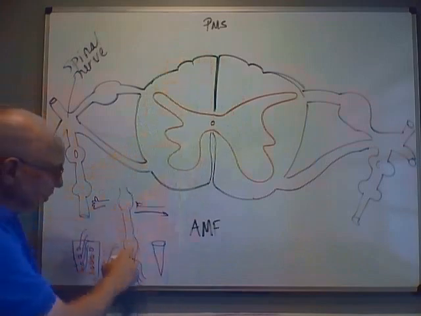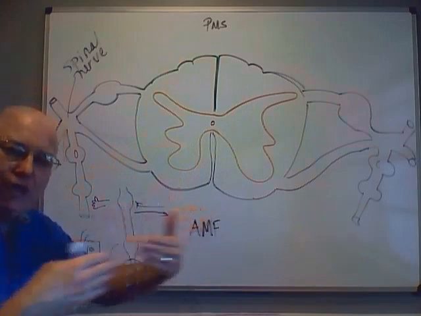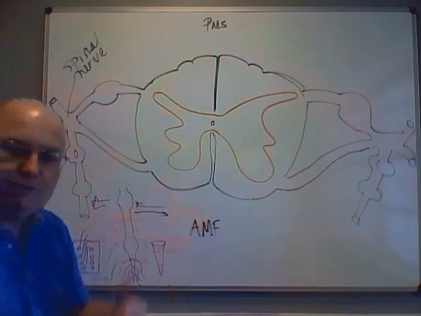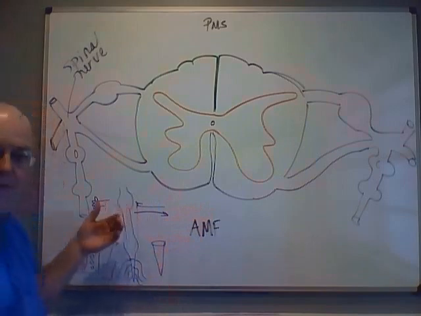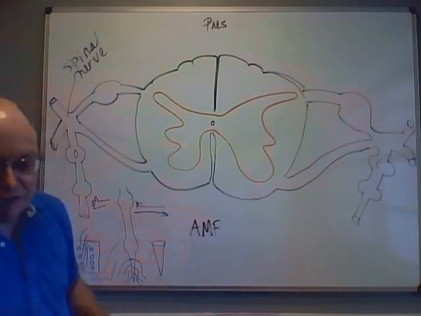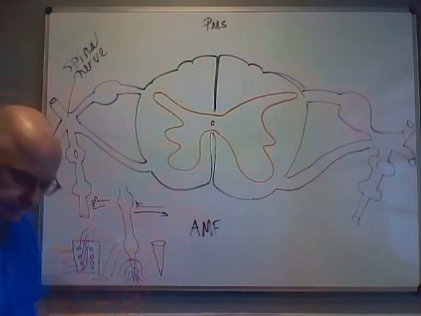So we have these enlargements to accommodate those nerves coming into and out of the spinal cord. The cervical enlargement is an enlarged area of the spinal cord that accommodates additional innervation to the arms. And the lumbar enlargement accommodates the extra nerves going to the legs.